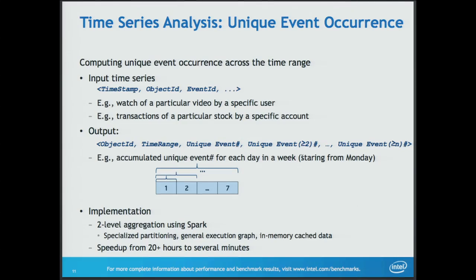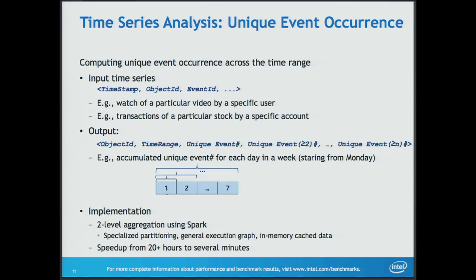And the time ranges can be, for instance, in our case, we often compute the statistics for time ranges that accumulate over time. For instance, we compute the statistics for the first day of the week, the first 2 days of the week, the first 3 days of the week, and so on. So it essentially accumulates over the time ranges for the event.